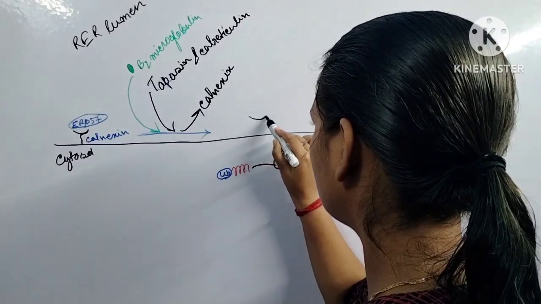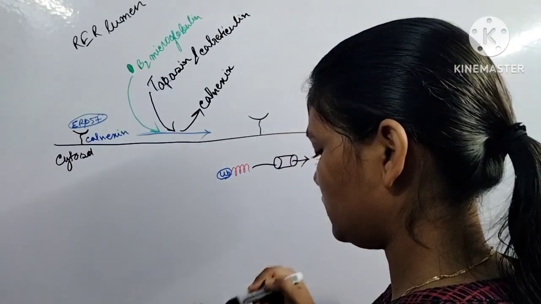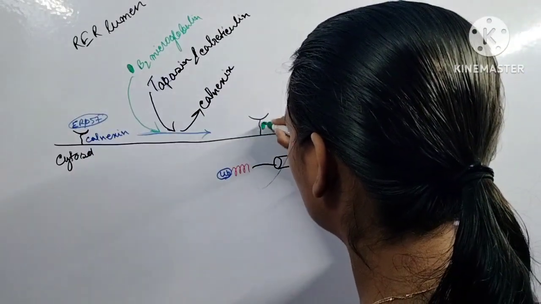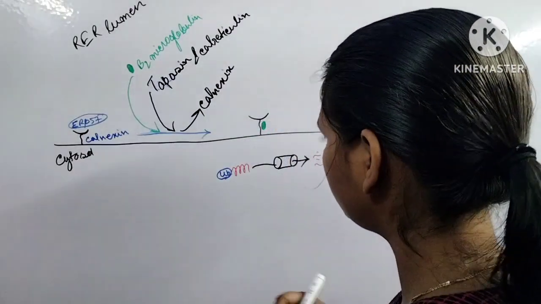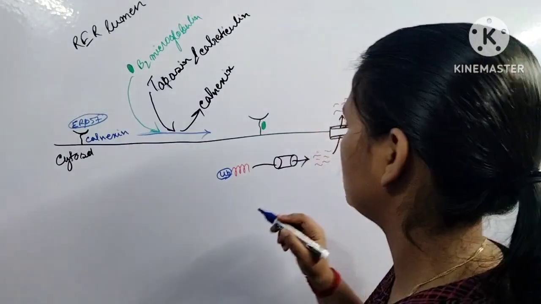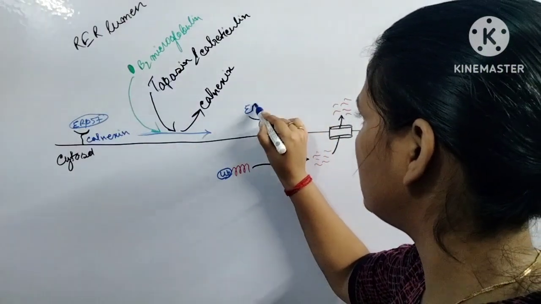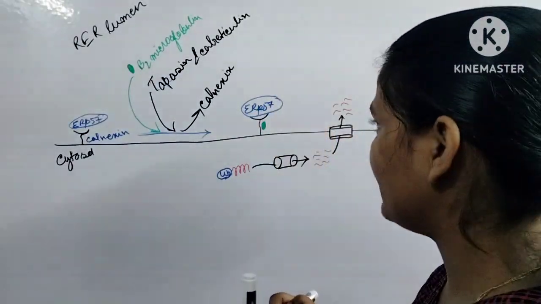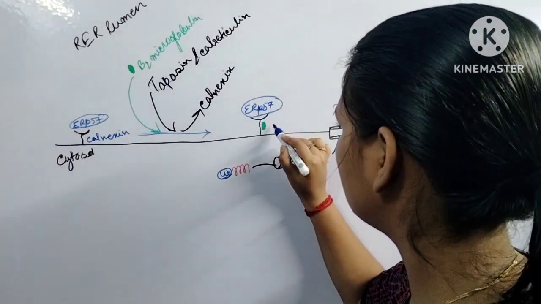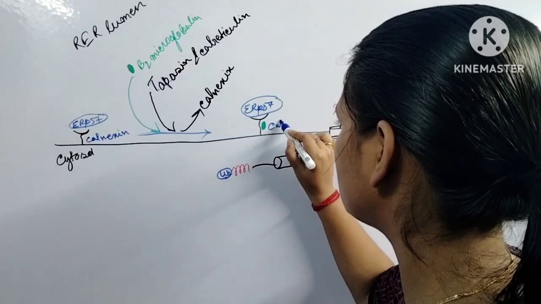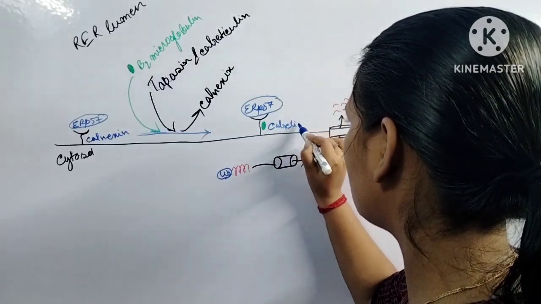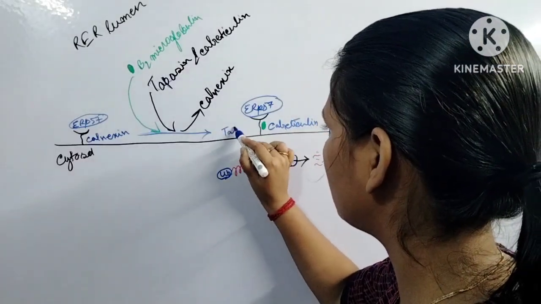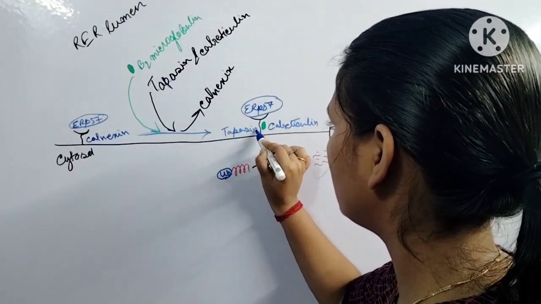So this is your MHC I alpha chain, the beta 2 microglobulin molecule, ERP57 still attached to the peptide binding cleft, and the two other chaperones, calreticulin and tapasin.